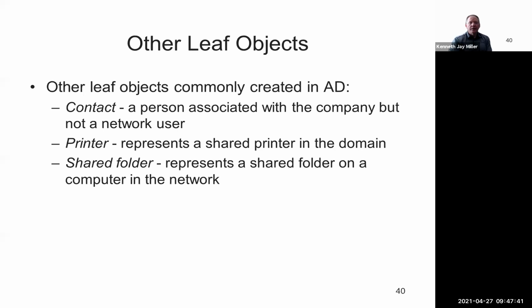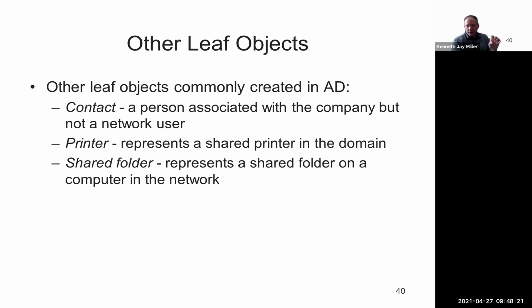Okay. Other leaf objects: we can have contact information, printers, and shared folders that can be added to the system. So Alan asks, how does a group compare to an OU? A group contains user accounts and other groups, and that's all it's used for. You can create groups for either distribution or security, which means for email addresses or for permissions, whereas an organizational unit can contain anything.